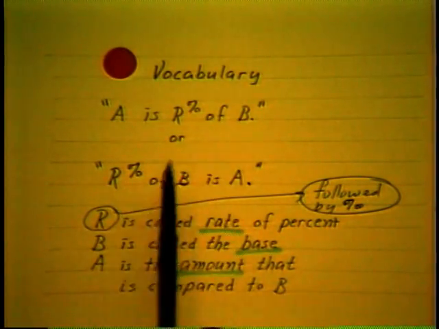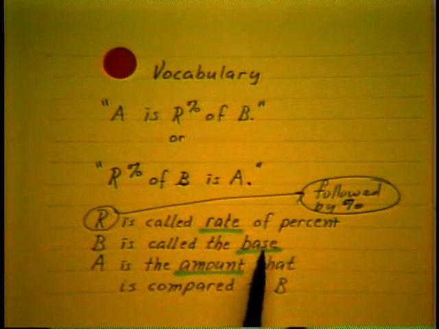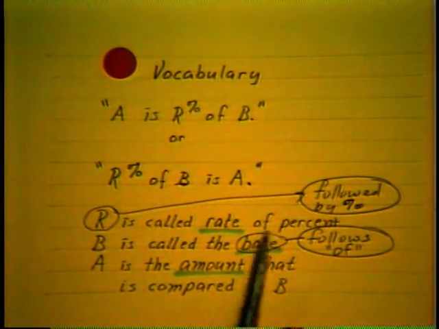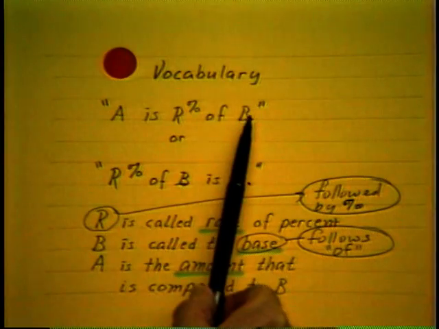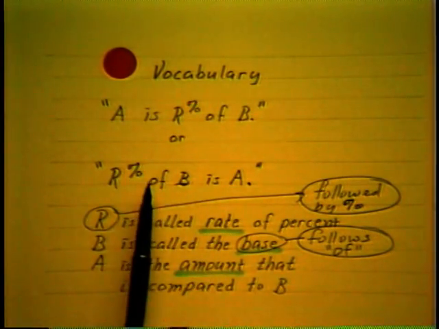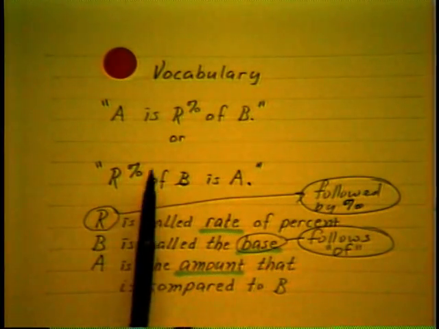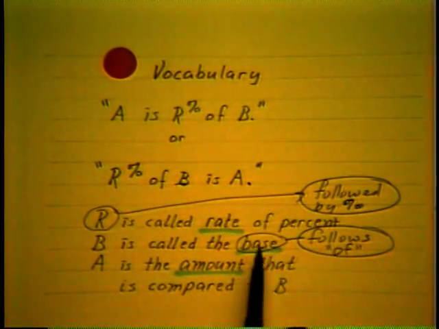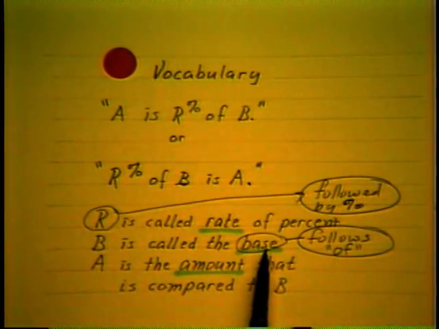B in these 2 sentences is called the base. Notice in both cases, B follows the word of. So in a simple statement like this, the number following the of we will refer to by the word base.